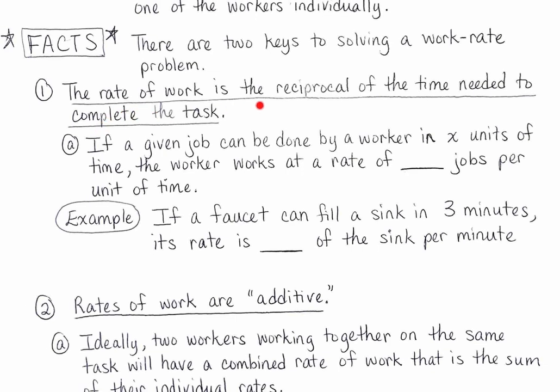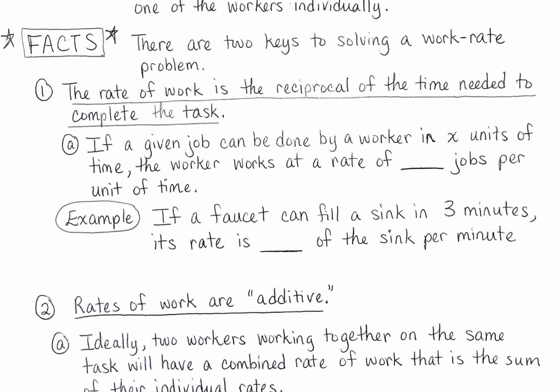The rate of work is the reciprocal of the time needed to complete the task. If you're questioning what words mean, you should use what? The Mass Dictionary app, right?